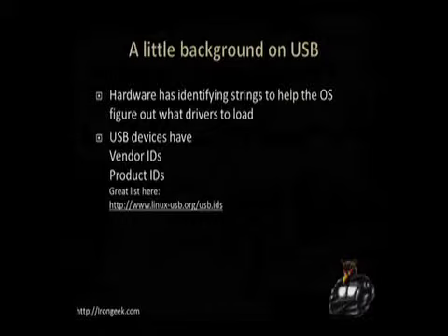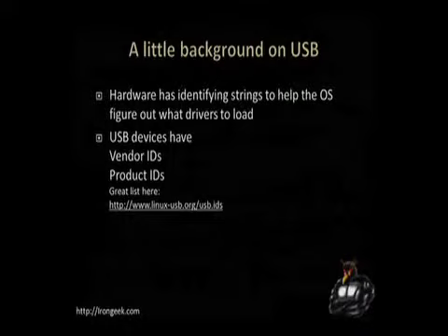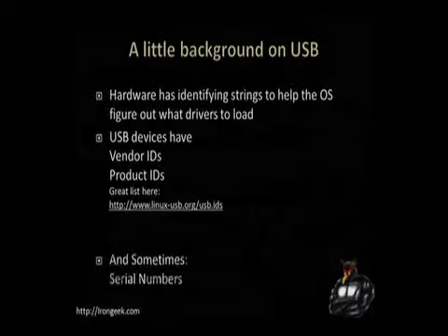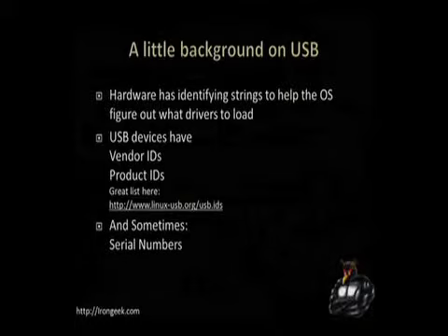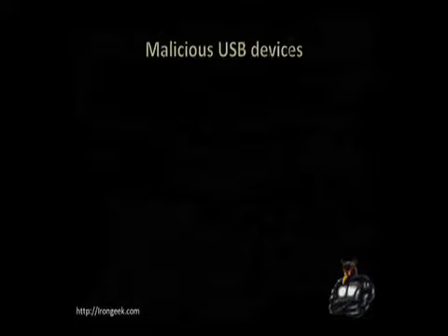You can go out on the web and find a listing. The best listing I've personally found is at linux-usb.org. But keep in mind that just because something says a particular vendor made a device doesn't necessarily mean it's the case. I'll show you that in a bit. And also a lot of times serial numbers, which we're going to be showing off a little bit later when we talk about locking down USB.